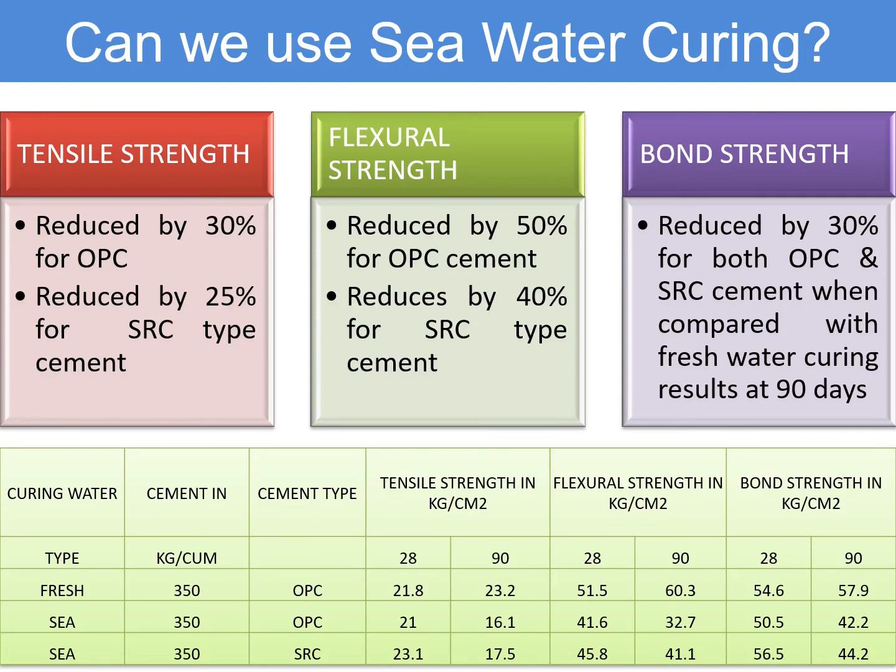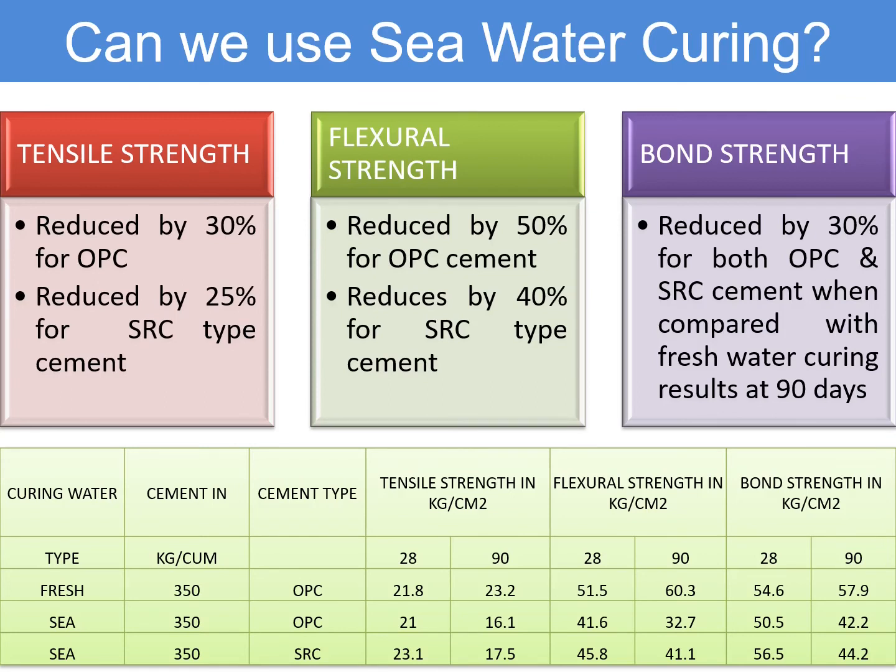So that means if you are using SRC cement, you might be able to achieve the compressive strength at par on 90 days strength, 90 days, not 28 days, it is 90 days. But the other strengths, which are tensile, flexural and bond strength, are not going to be the same even at 90 days.